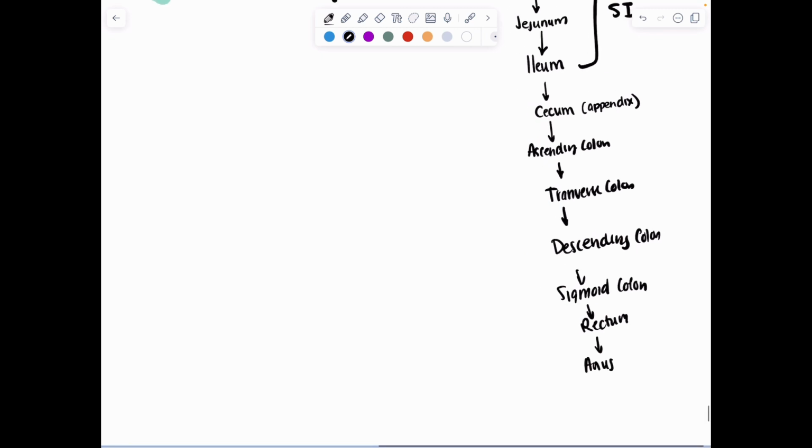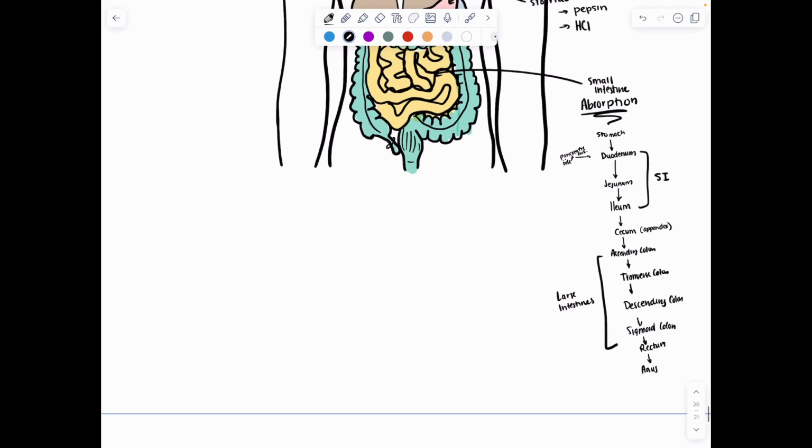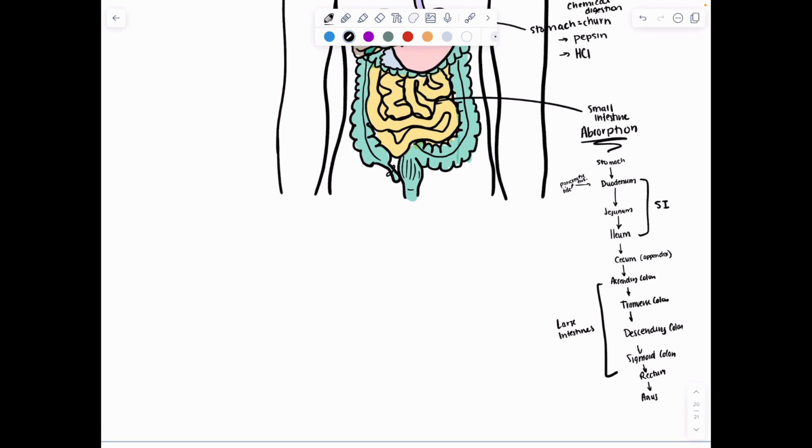That's the flow, and these are all part of the large intestines. And that's looking at the general flow of the digestive system.